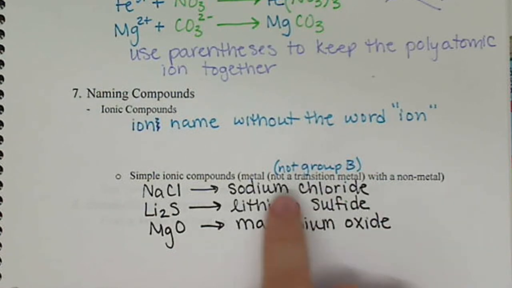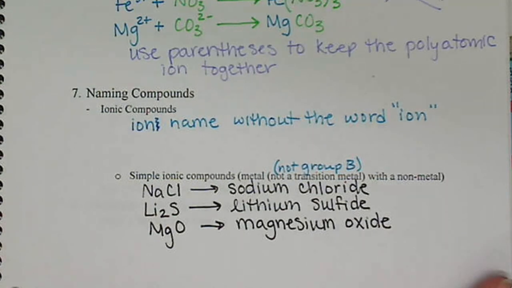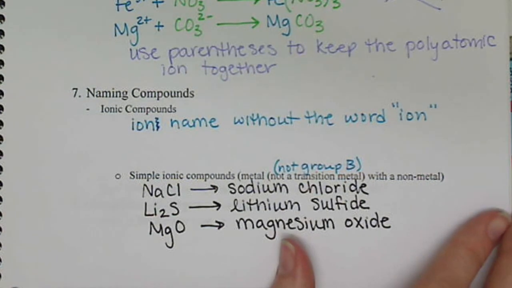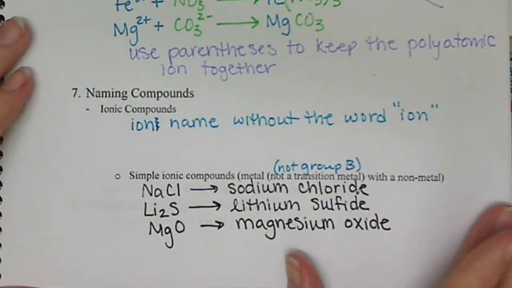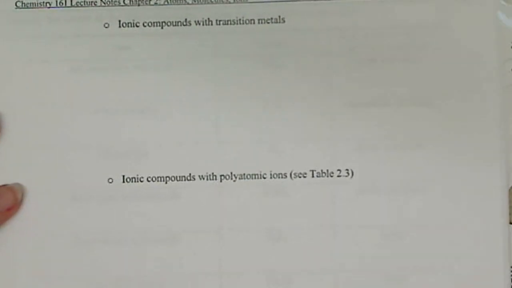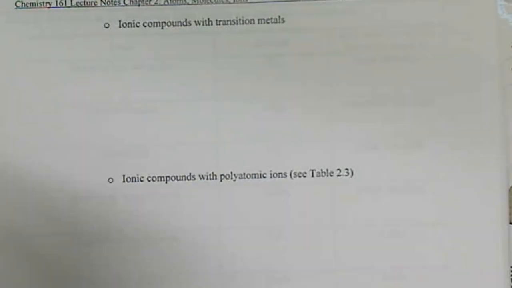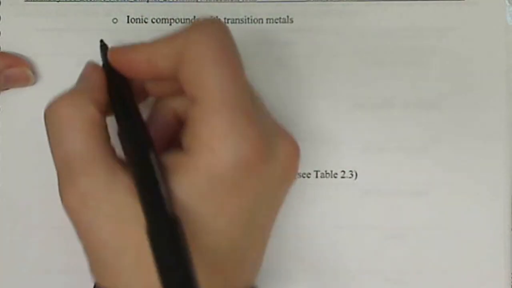One of the tricks comes when you have a transition metal. Transition metals can have multiple charges or different charges, so we have to reflect that in the name. So for our ionic compounds with transition metals, we have to indicate the charge on the transition metal by using a Roman numeral.